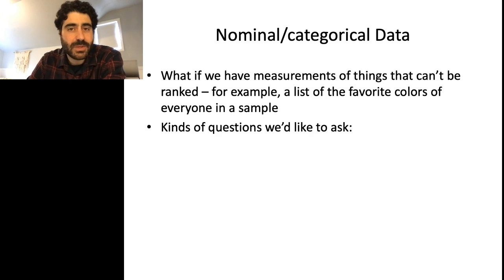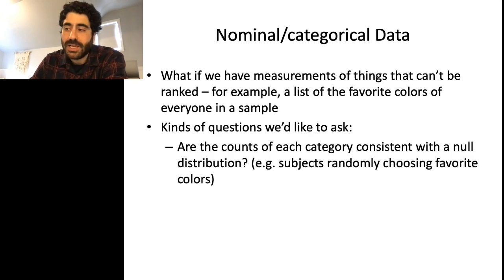One kind of question would be asking whether the counts that we're getting, so the chance of people picking each of these options, are consistent with some null hypothesis that we have. For example, a null hypothesis might be that all of the responses are equally likely. We could also have more complicated null hypotheses. Maybe we think that everyone is going to pick one option, or maybe 90% of people are going to pick one option.